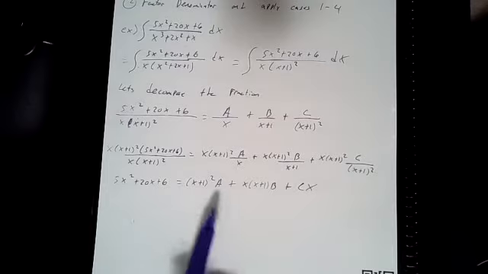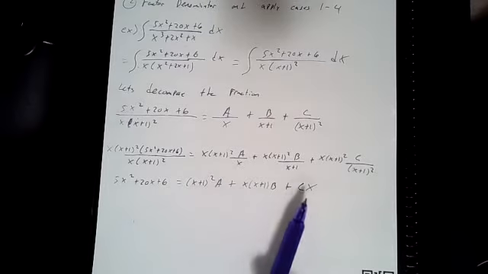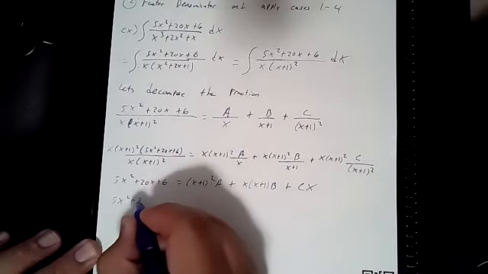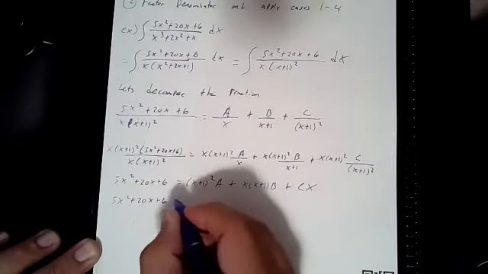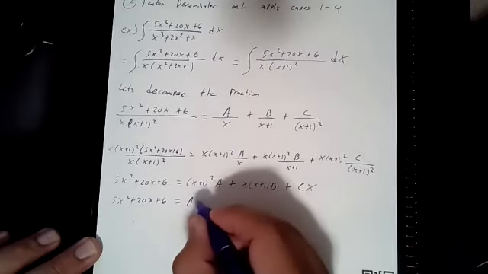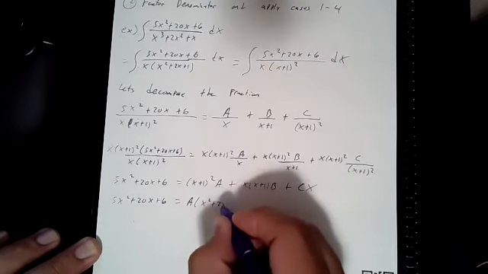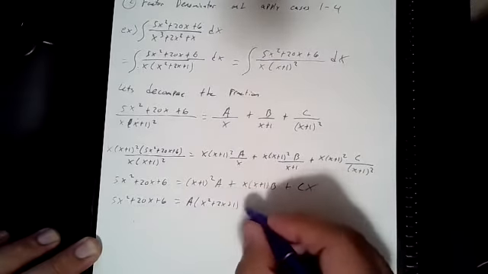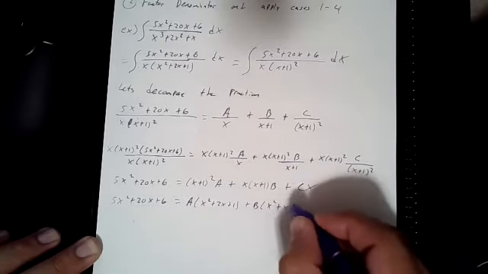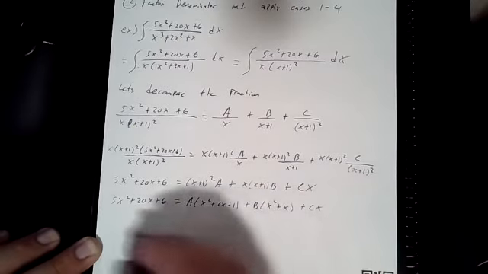So then we expand all this and multiply, and then we will group all the pieces we need. So this will be, multiply that out, that'll be a times x squared plus 2x plus 1. This will be b times x squared plus x plus cx.